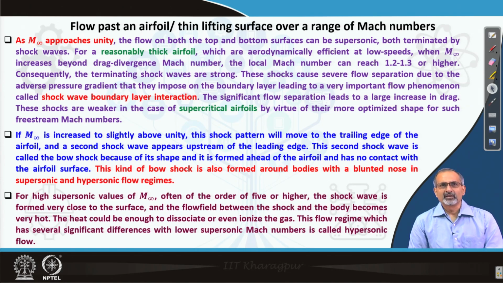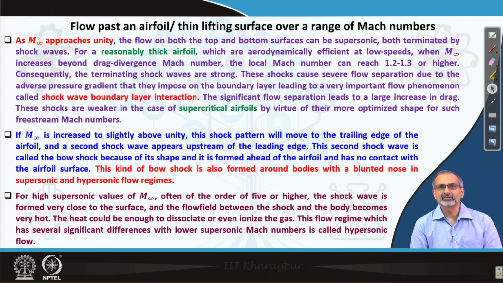It basically says that when M infinity increases beyond that particular Mach number, the local Mach number on the airfoil upper and lower sides can go into the supersonic regime, and consequently the terminating shocks will get increasingly stronger.